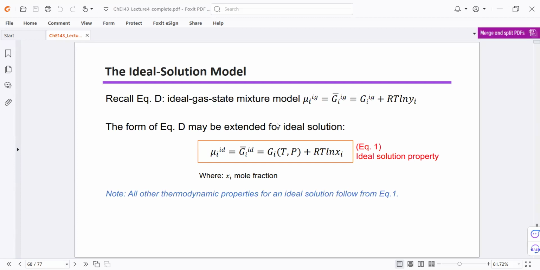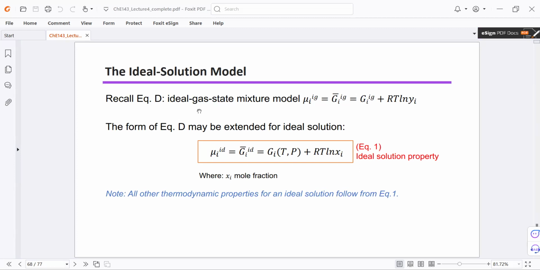So it provides a useful approximation and the foundation for more advanced models and calculations. That's why we are studying the ideal solution model.